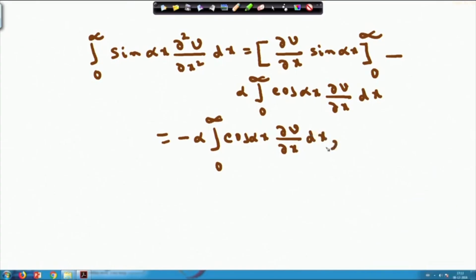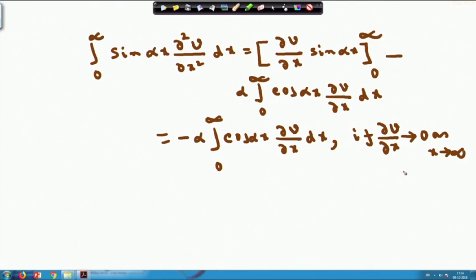I can write this if and only if in the first part, for x equals 0, this part vanishes, that is fine. But for x equals infinity, what happens? For that, this will be true only when del v del x approaches 0 as x approaches infinity.